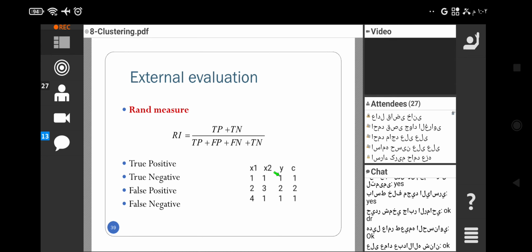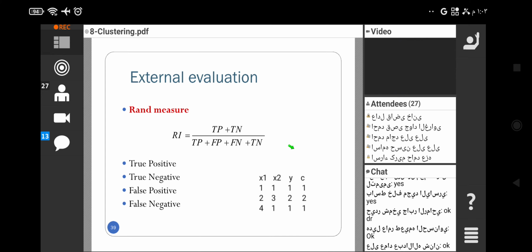For example, look at this table. This data has x1, x2, so it is 2-dimensional, and this C is the cluster. For example, we have two clusters, cluster 1 and cluster 2. The first data is in cluster 1, the third data is in cluster 1, and the second one is in cluster 2. These are the clusters of the data, and here we have the target, the outputs of the data.